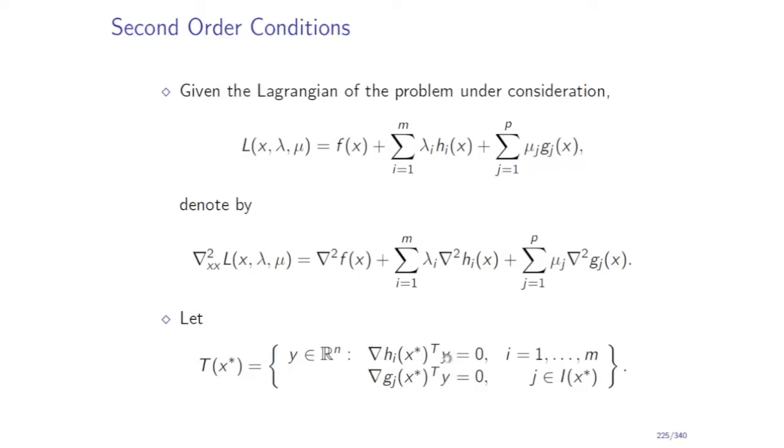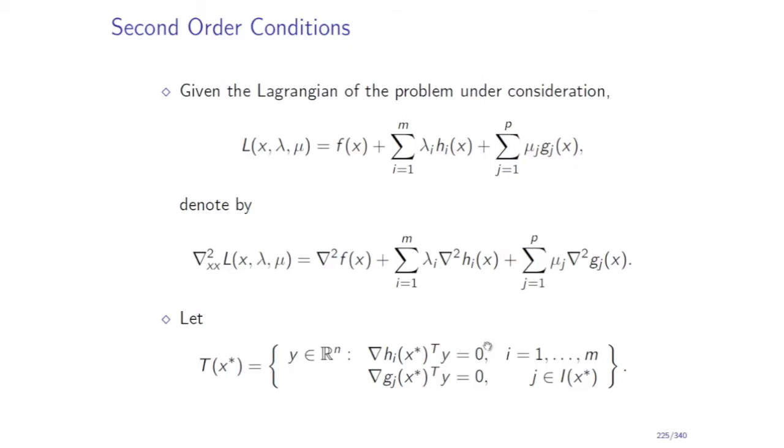For the equality constraint part, we still have the gradient of h i's of x star transpose times y equal to 0. And then for the active inequality constraints, we have the same condition. So essentially, we treat them just like the equality constraints because this is what they essentially are for the point x star.